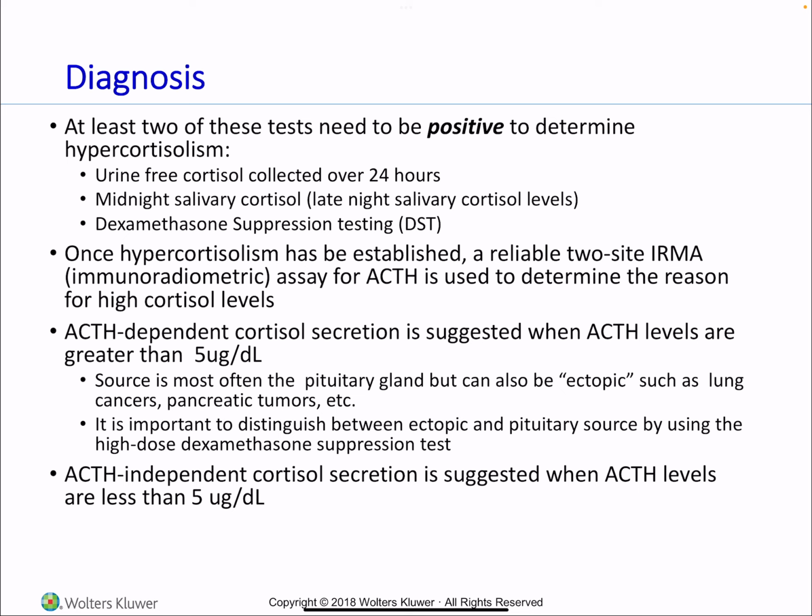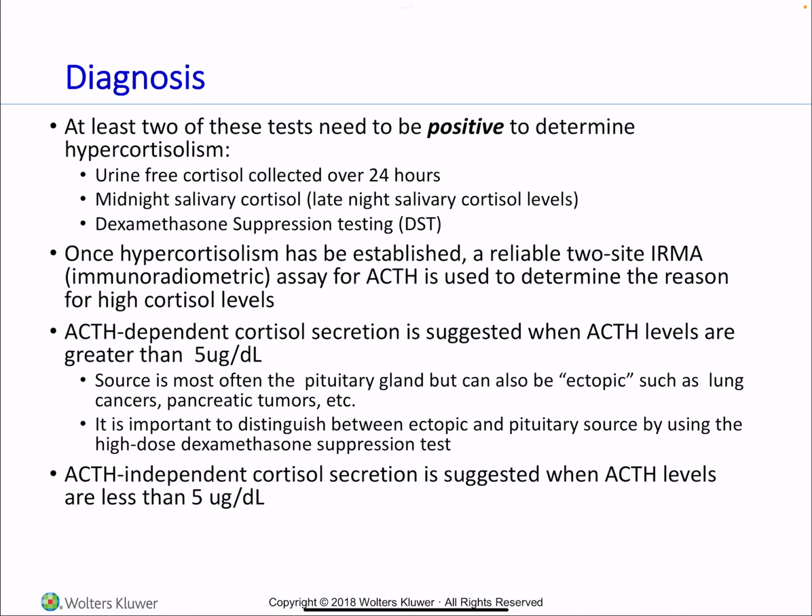If it's ACTH dependent, ACTH dependent cortisol secretion is suggested when ACTH levels are greater than 5 micrograms per deciliter. So here the source is most often the pituitary gland, but it can also be an ectopic source, such as lung cancers, pancreatic tumors, etc. So it is very important to distinguish between the ectopic and pituitary sources by using the high-dose dexamethasone suppression test.